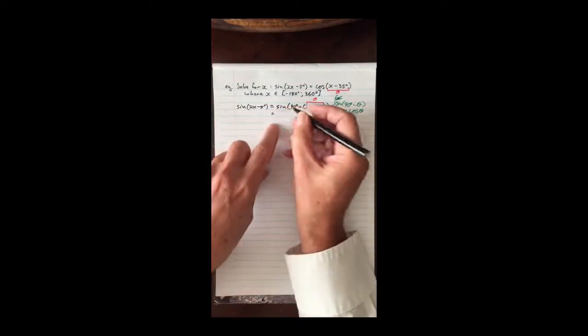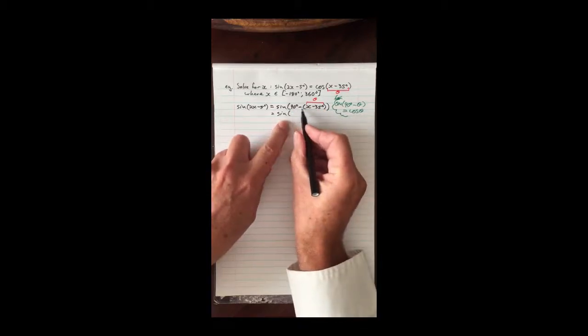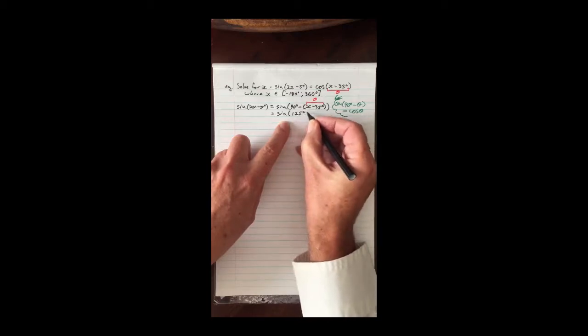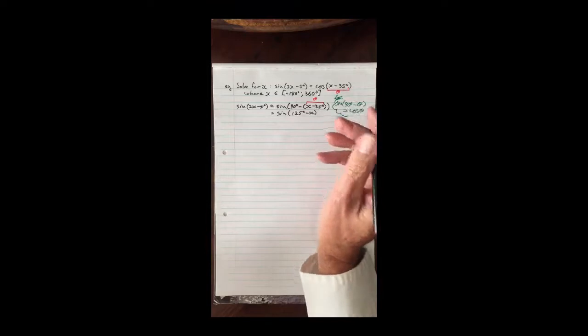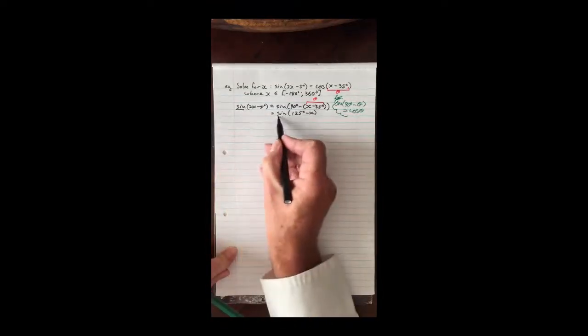Good. Let's simplify this a bit and see how this looks. So we have the sine of (90 minus (x minus 35)), which gives us 125 minus x. What we have here now is a sine over there and a sine over there.